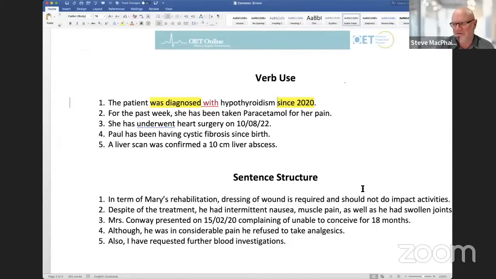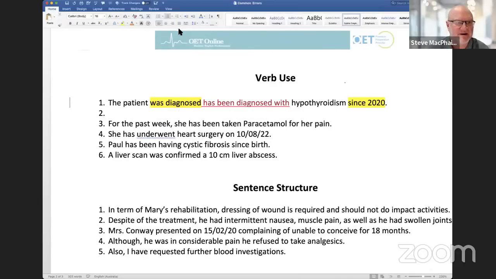So we need to fix that. There are 2 ways we can fix that. Yeah, something's wrong with since, that's right, Shanmuga. If we're going to use since, we really should say has been diagnosed with, right? Or we're going to do something a little bit different.